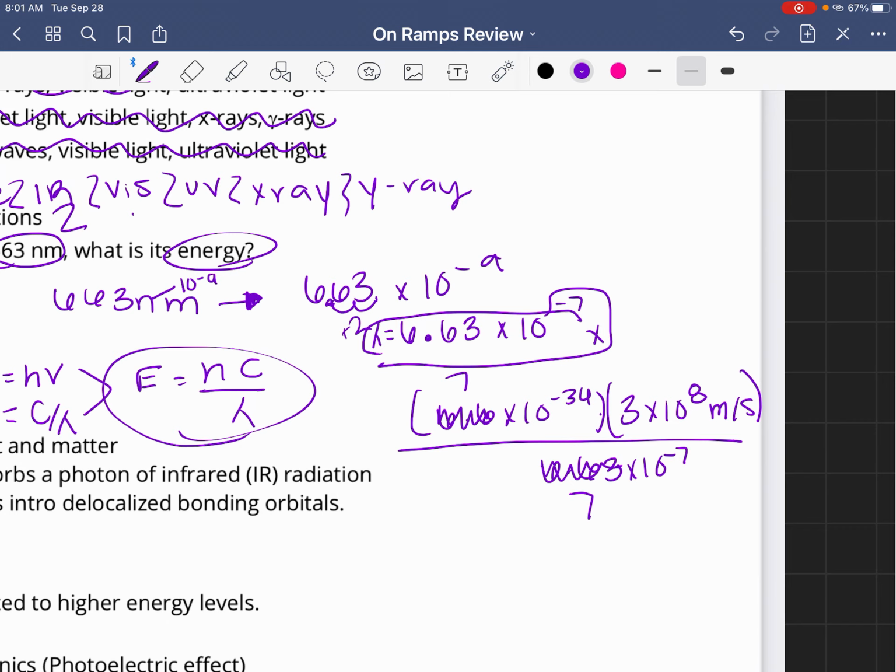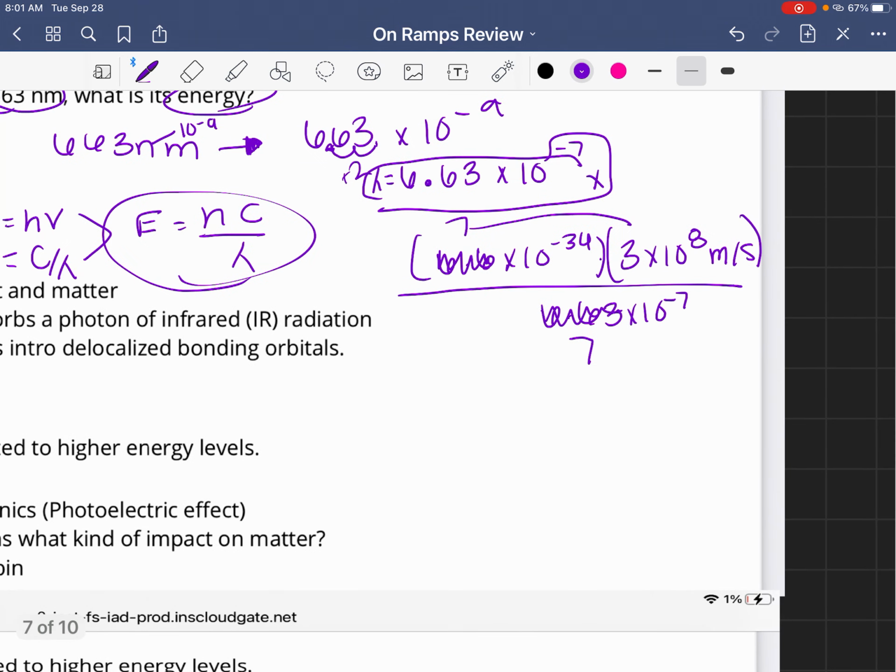Okay, so 7 times 3 is going to be 21 times, so we're adding these exponents up here, negative 34 plus 8, that's going to give you 10 to the negative 26. Then we'll do 7 times 10 to the negative 7 right here.